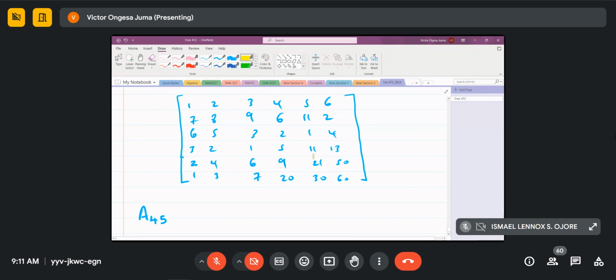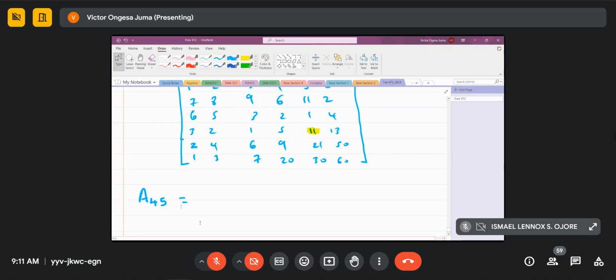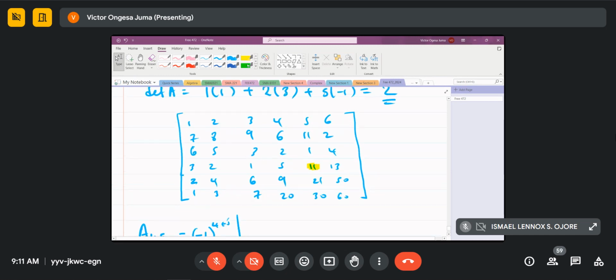So it's basically element number 11. And we said that the cofactor of an element is just the signed minor. So it's (-1) raised to power 4 plus 5, and then the determinant obtained by deleting the ith row and jth column. So it means I will delete this and I delete this.